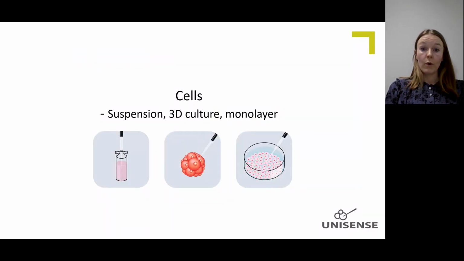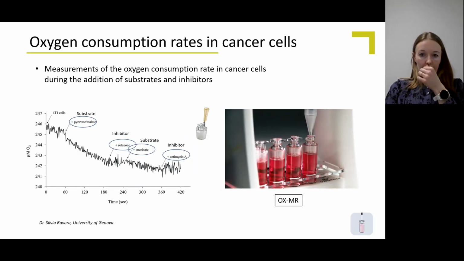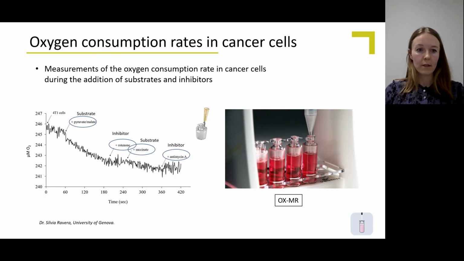Okay. So now I will show you how you can measure in cells with different setups. This study uses the microrespiration system to look at the oxygen consumption rate in cancer cells. They used the MR system, as you can see here, and the oxygen sensor, and they looked at the oxygen consumption rate in a breast cancer cell line.